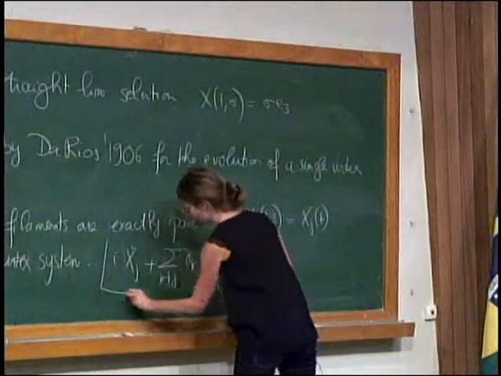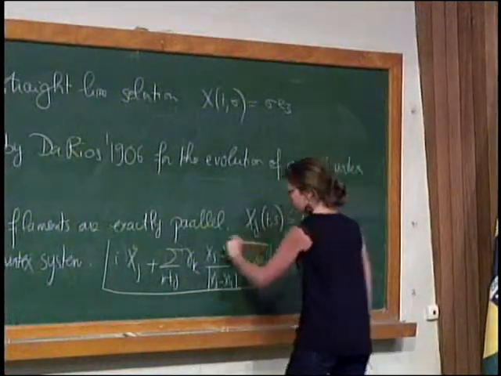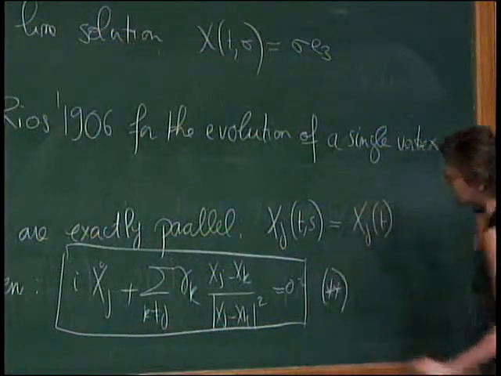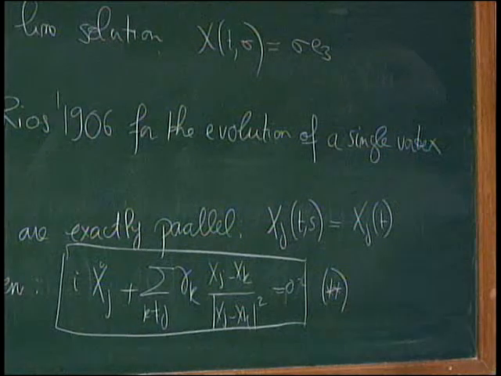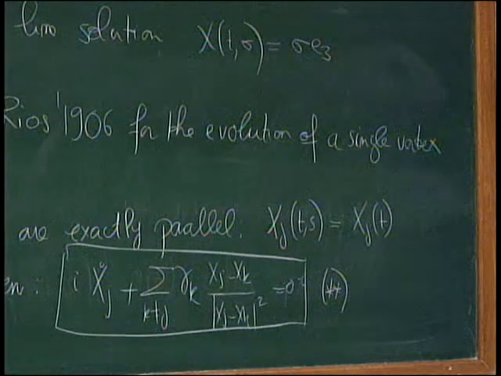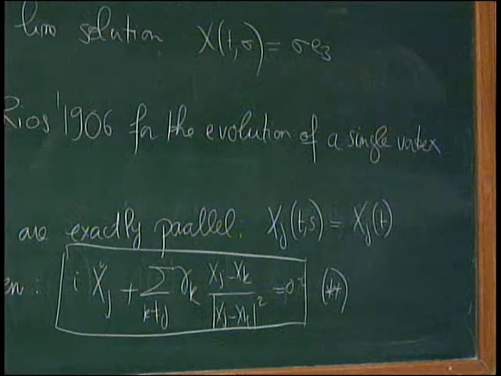And this is a good model. It was proved. So it's called star star. And it is known that this system is a good approximation of the 2D Euler equations when the vorticity behaves as a sum of Dirac masses. So this was established rigorously.